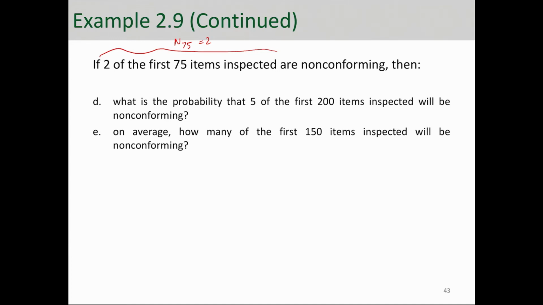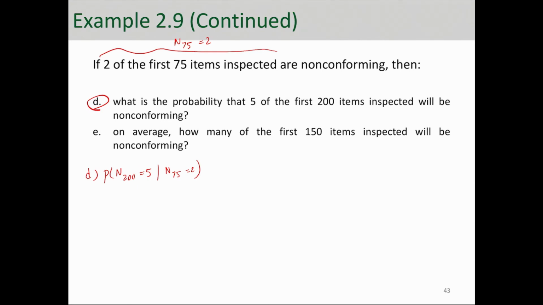Now, given that, what is the probability that 5 of the first 200 items inspected will be non-conforming? Well, we're calculating the probability of N200 equals 5, given that N75 is equal to 2. That means we have passed through the first 75 inspections and we got 2 successes. What's the probability of 5 successes in the first 200? Keep in mind that this 75 is inside this 200.